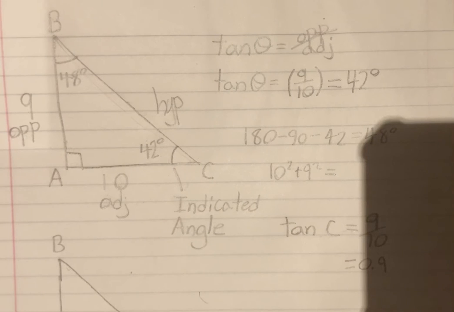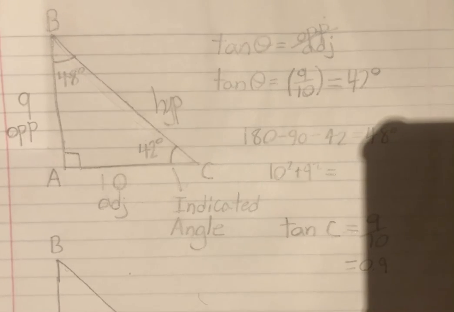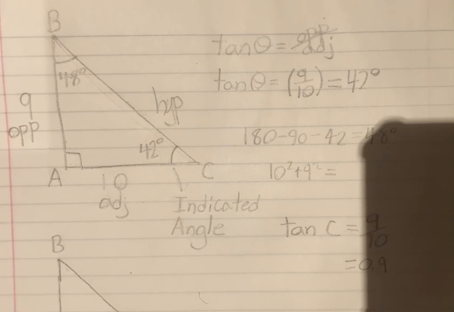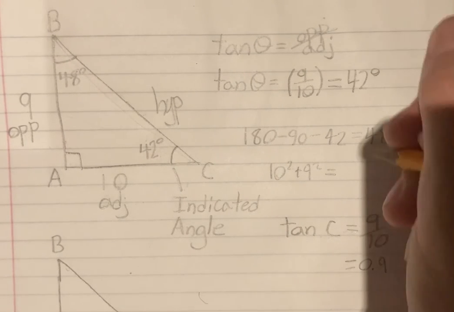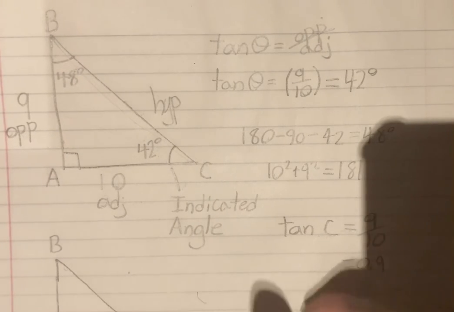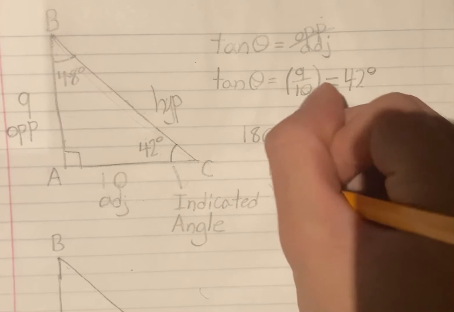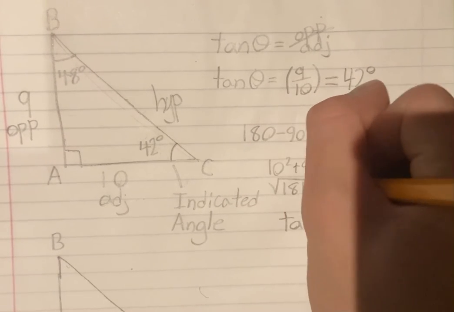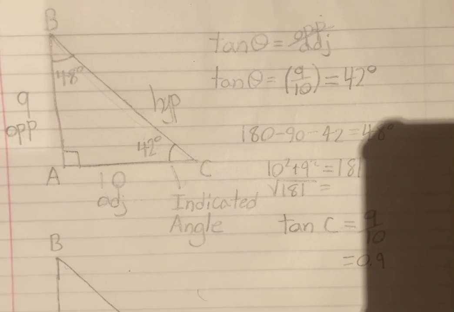I'm sorry, I put that in wrong. Give me a moment. Equals 181. Now that we have that, we need to find the square root of 181. So you go to your calculator and find the square root button.